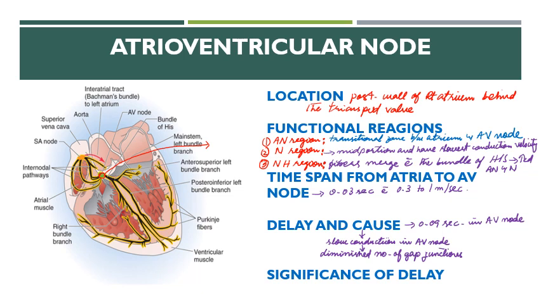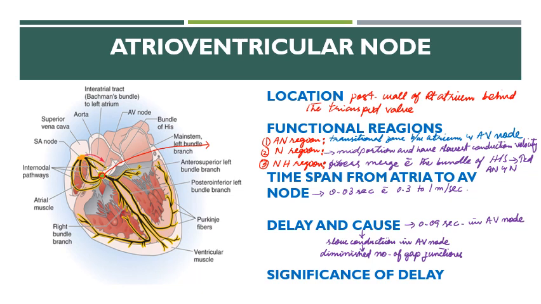As the gap junctions are present in less number, the impulse transmission passes slowly from AV node to the next portion, that is bundle of His.